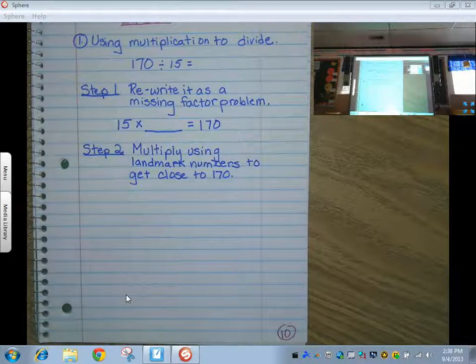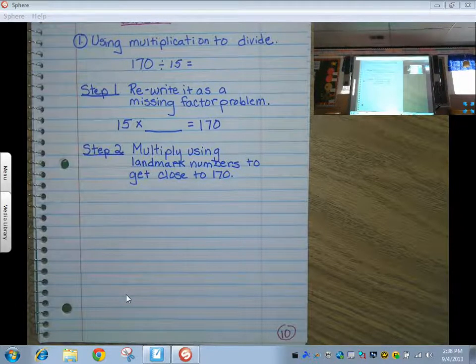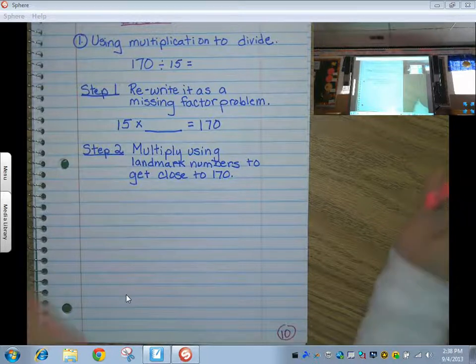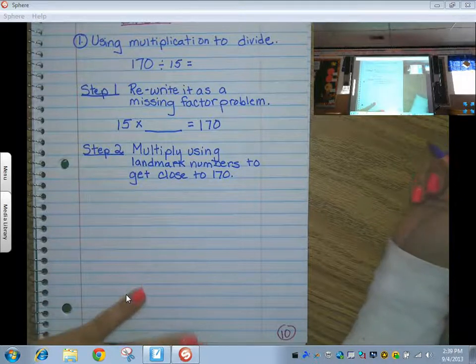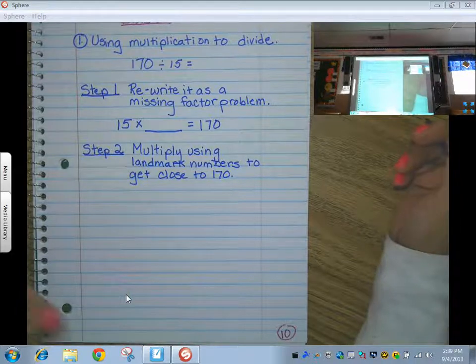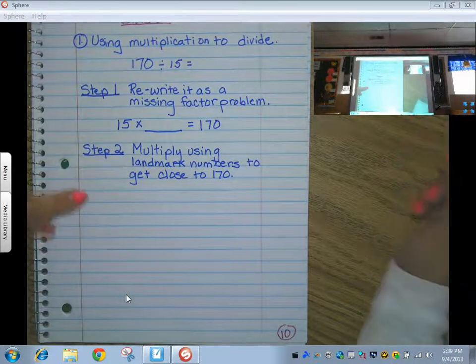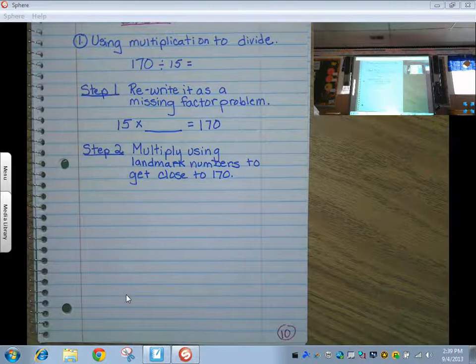Well, it depends on the number, I guess. For this example, almost everybody whose paper I looked at, you started with 10. So the way you wrote it, you guys did 15 times blank equals. Your landmark number was 10. Easy to multiply by, right?